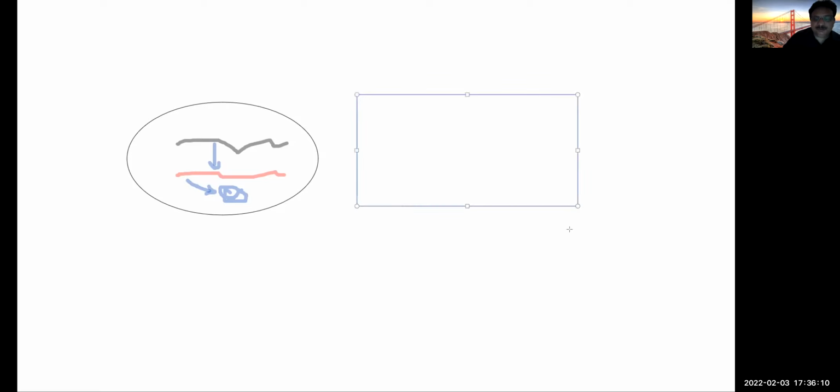Now, this bacterial system is very simple, but if you look in the eukaryotic cells, there is a nucleus, right? This is a nucleus, and this nucleus houses the DNA. This DNA can be transcribed into RNA, and then this can be further translated into protein.